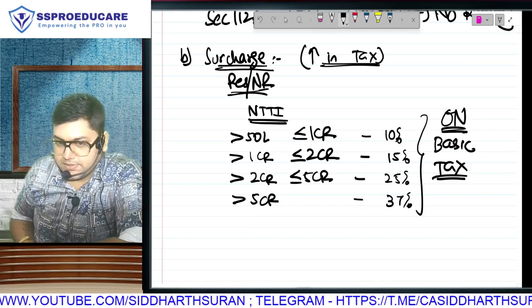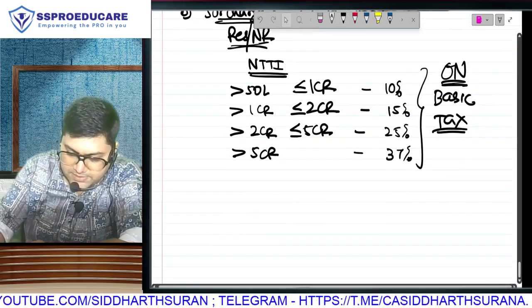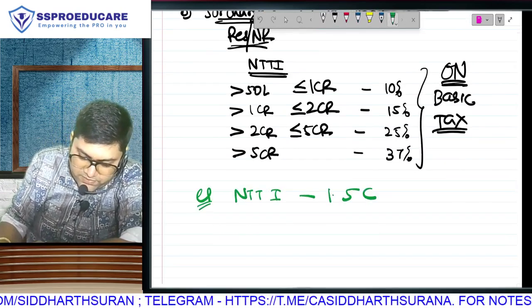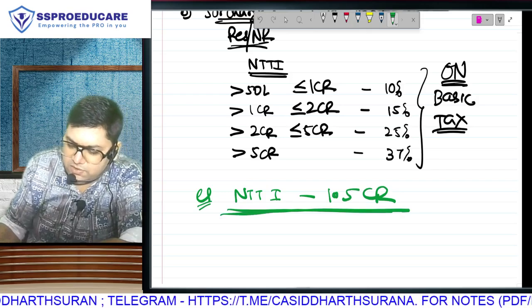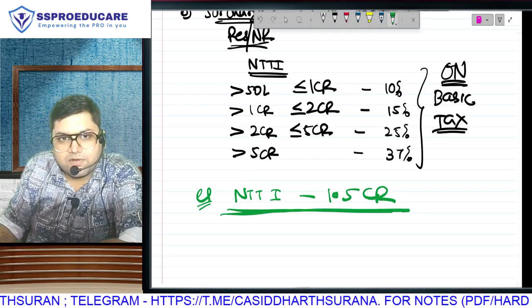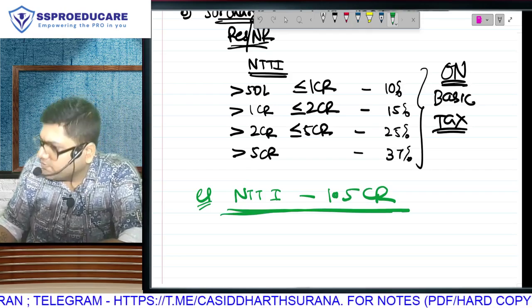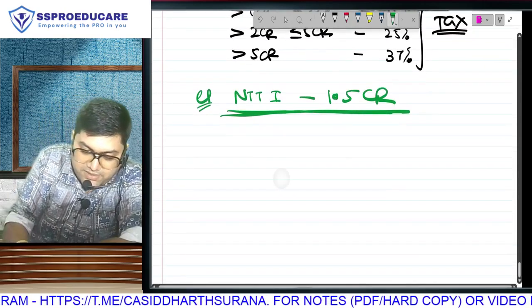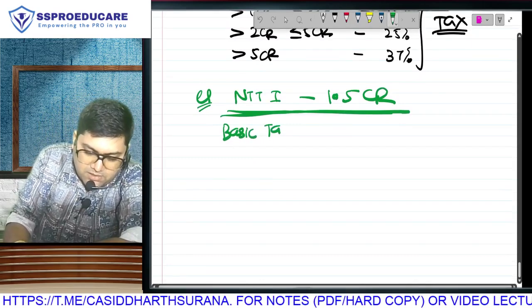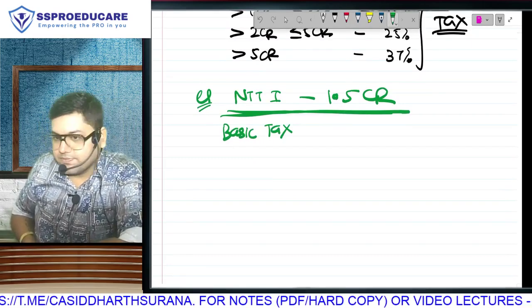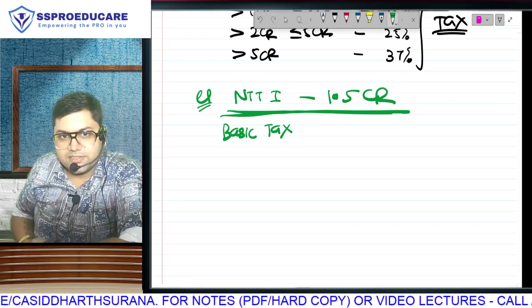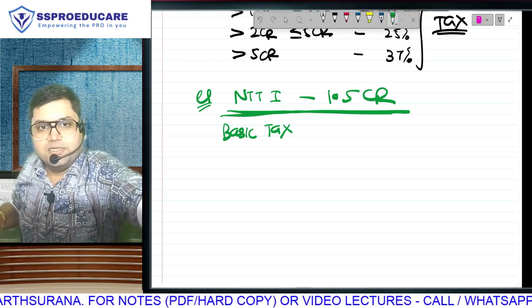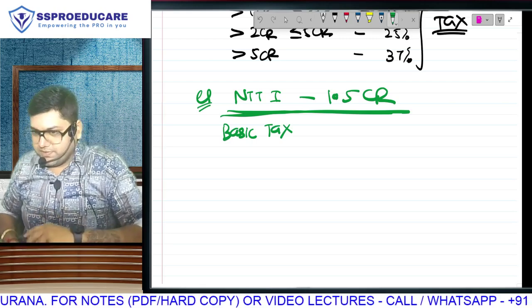Understood? Example. If my net taxable total income is 1.5 crore. It doesn't matter whether I am resident or non-resident, surcharge will come for everyone. What will be the applicable percentage of surcharge? 15. Not slabs, one flat rate of surcharge. But on what? Not on 1.5 crore. First step, calculate basic tax on 1.5 crore. Assume category A. I also want to see how you use the fast method of doing it.